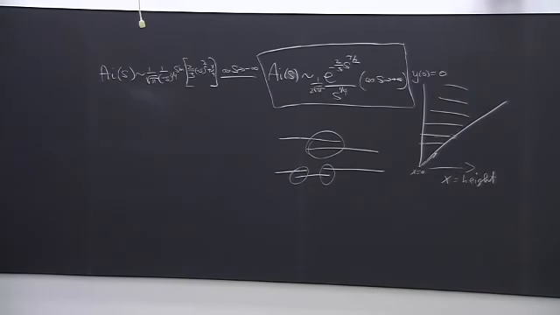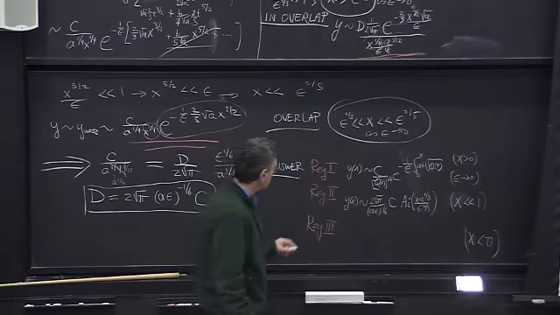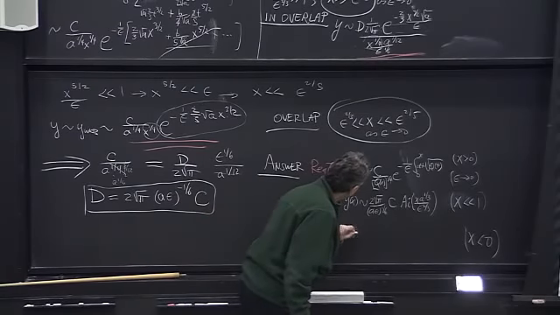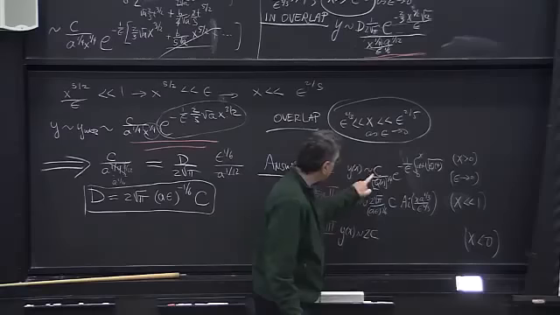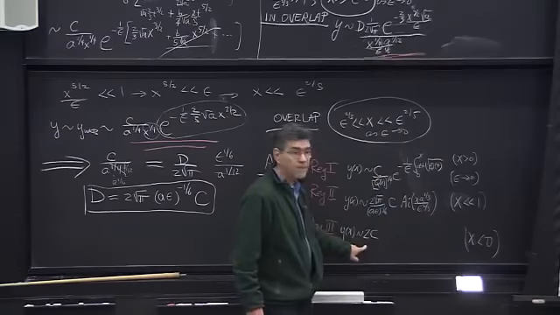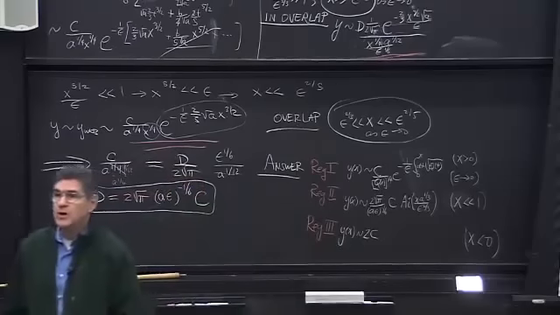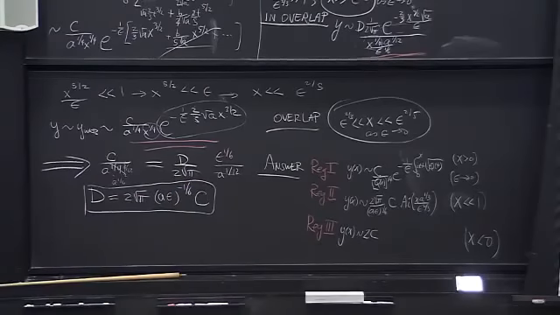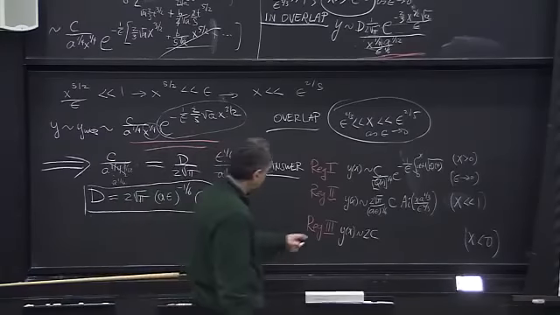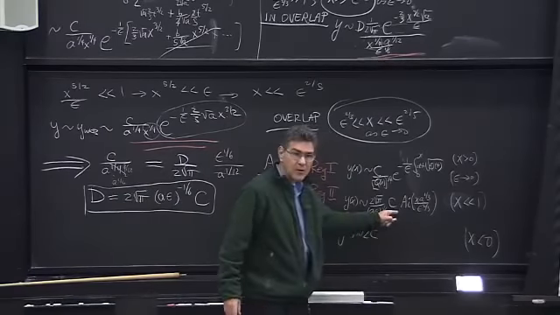In region 3, which is x less than 0, what does the WKB approximation give? y of x is asymptotic to 2C, not C, but 2C. The reason for the 2 is because here there's a 2 in the Airy function approximation, but there isn't a 2 here. So we match the WKB solution to the Airy solution.